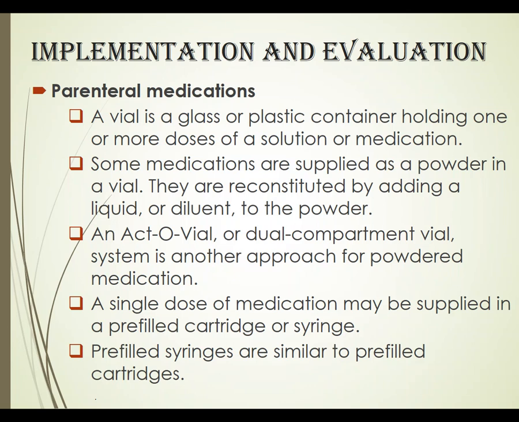So if you're going to draw up 10 mils of something or 2 mils of something, you should put 2 mils of air into there before you pull it out. If people don't do that, eventually it forms a little vacuum in there, and then you're not going to be able to withdraw the medication.